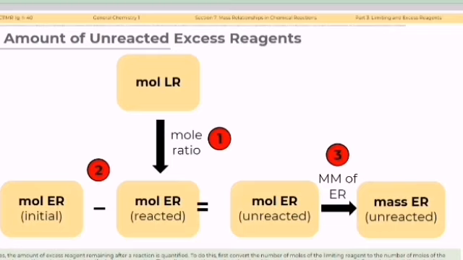Second, subtract this value from the initial number of moles of the excess reagent, which is the amount mixed with the limiting reagent. At this stage, you will obtain the number of moles of excess reagent remaining. And third, multiply the number of moles by the molar mass of the excess reagent to determine the mass of reagent that remains unreacted.